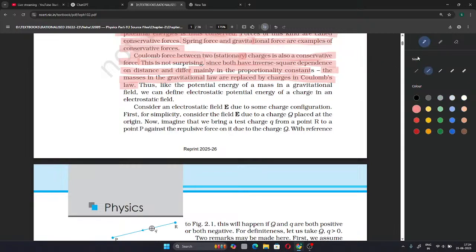If you see, gravitational force Fg equals G m1 m2 by r square, whereas electric force depends on G q1 q2 by r square.